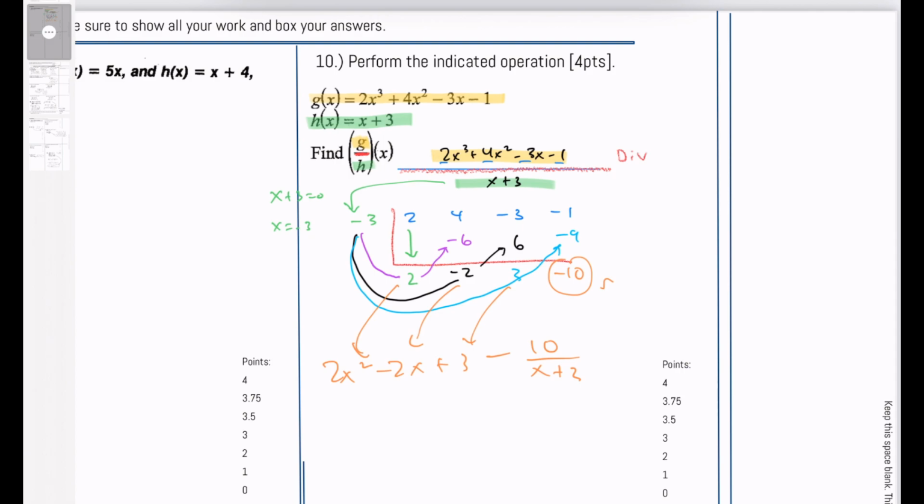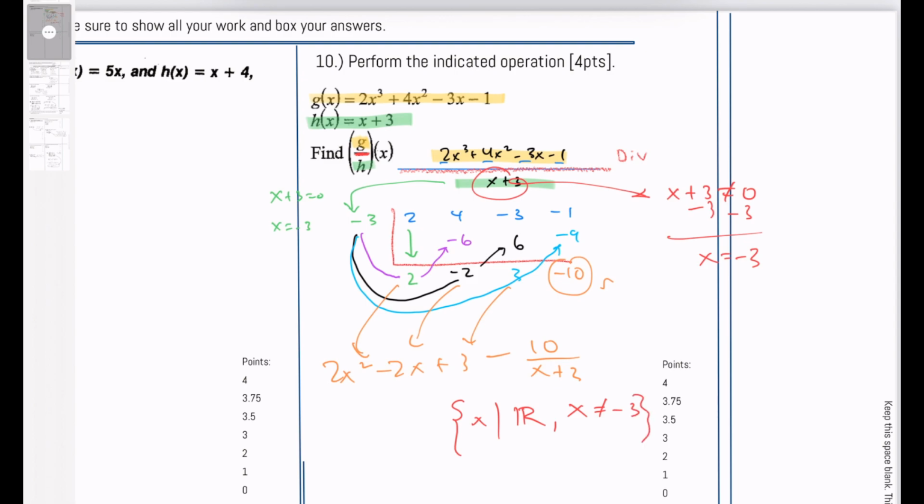Now, I do have to put some restrictions here. I'm going to set this not equal to 0. Because if we solve this, basically we're saying in the domain of x, you could pick every x value, all real numbers, except you cannot pick negative 3.